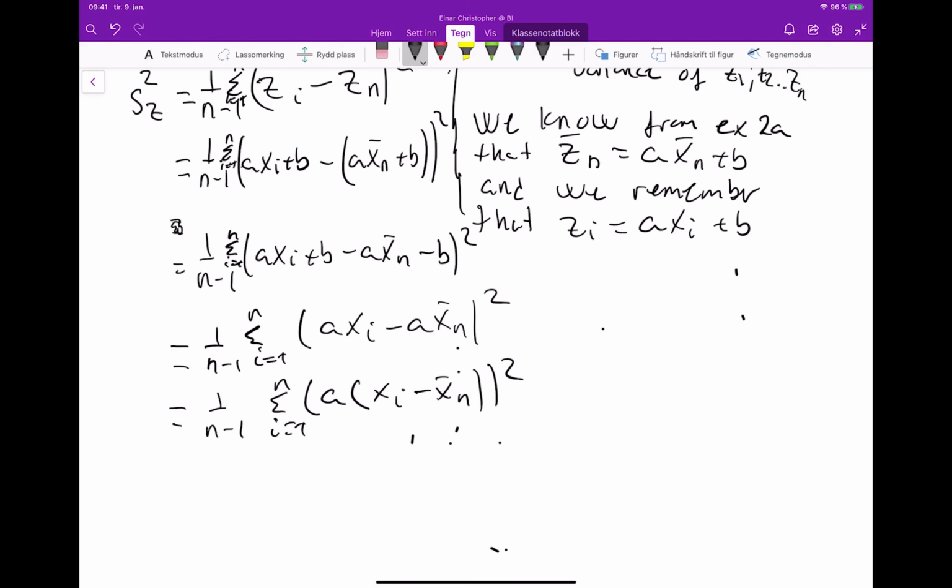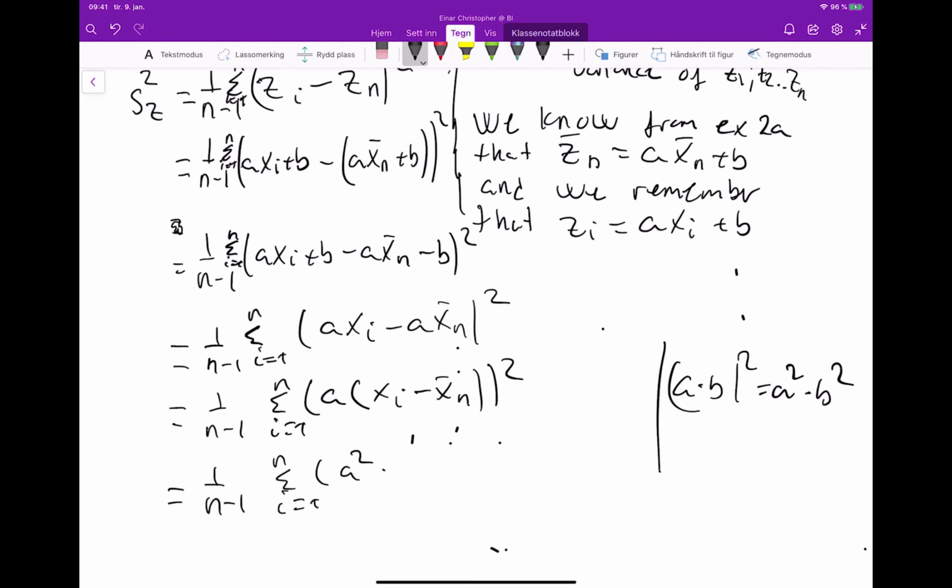And now remember that a times b in the power of 2 is equal to a in the power of 2 times b in the power of 2. So we can write this as a in the power of 2 times b, which now is xi minus x bar n in the power of 2.